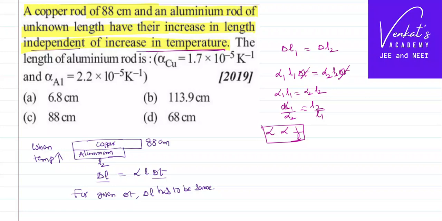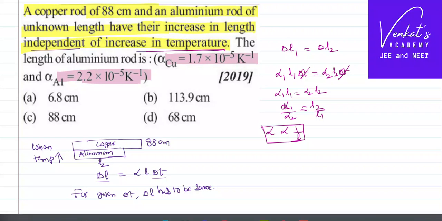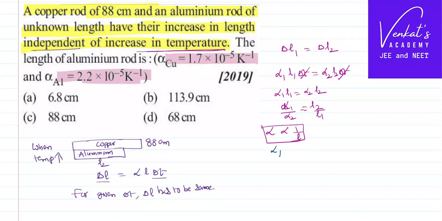See the given alphas for you. Alpha of aluminum is 2.2 into 10 power minus 5. Alpha of copper is 1.7 into 10 power minus 5. It's very clear that alpha of aluminum is greater than alpha of copper. That means length of aluminum shall be less than length of copper as per this relation.